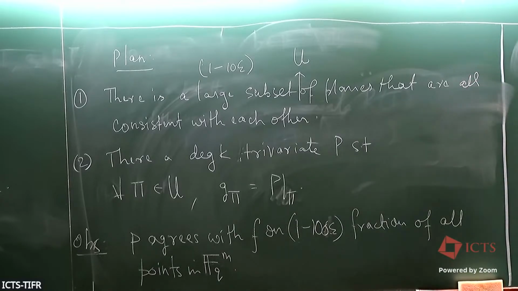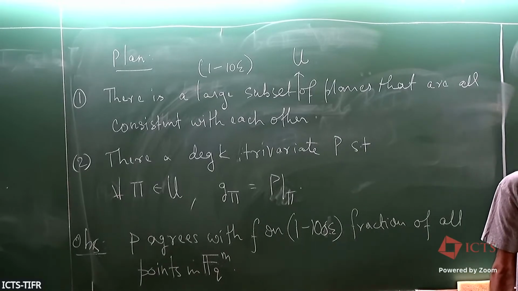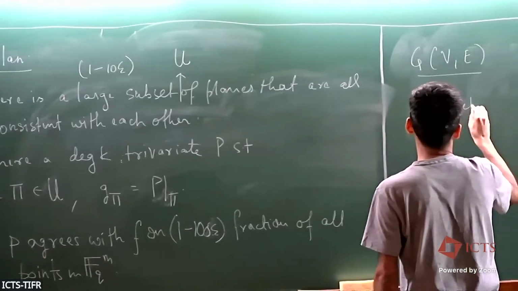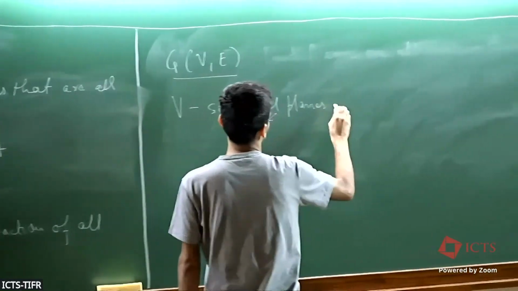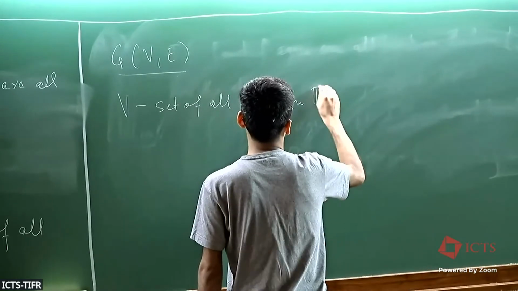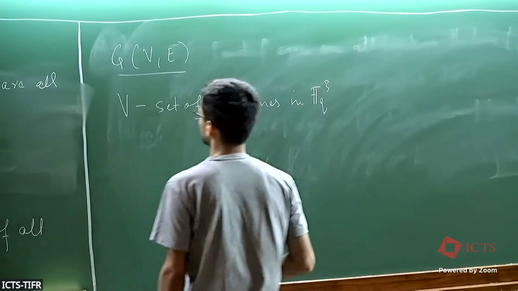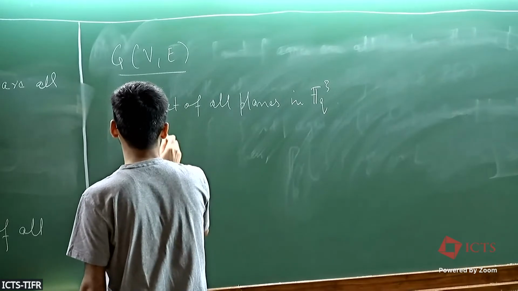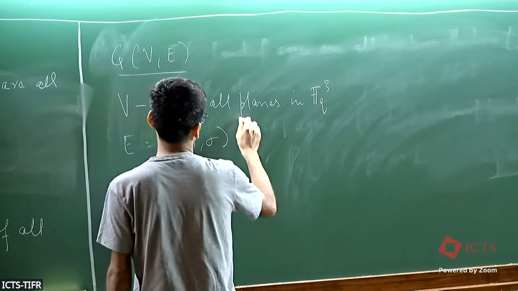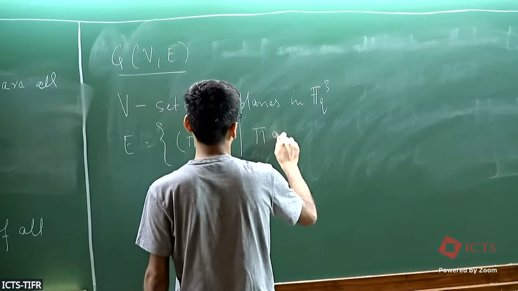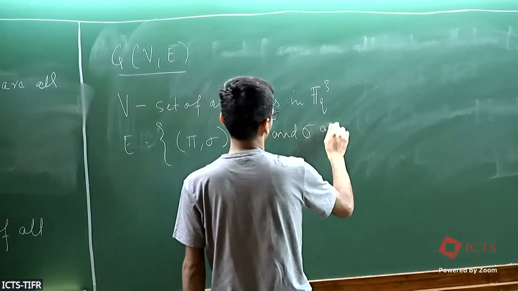So we have G = (V, E). V is the set of all planes in F_q cube. And E is the set of pairs of planes pi, sigma such that pi and sigma are consistent.